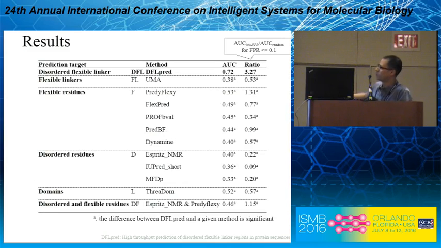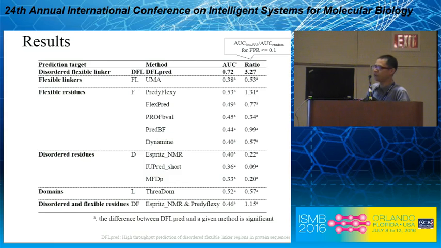Because there is no current method that can predict DFL regions, we compare our method with other alternative methods. These include the UMA method, which is used to find flexible linkers, FL, and 5 methods to find flexible residues, F, 3 methods to find disordered residues, D, and we also include one domain predictor.